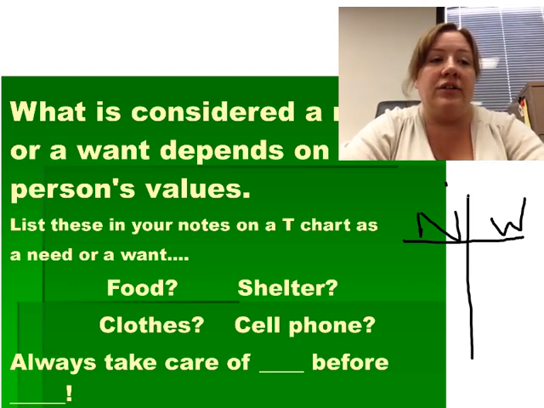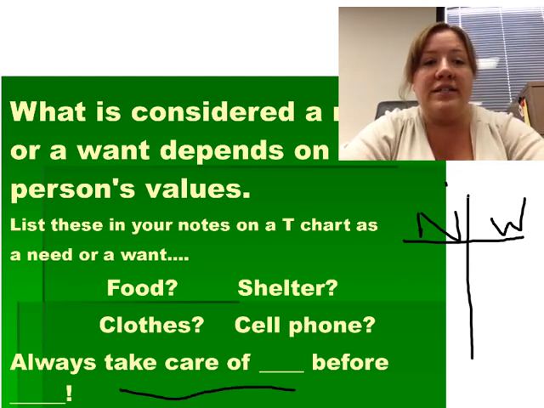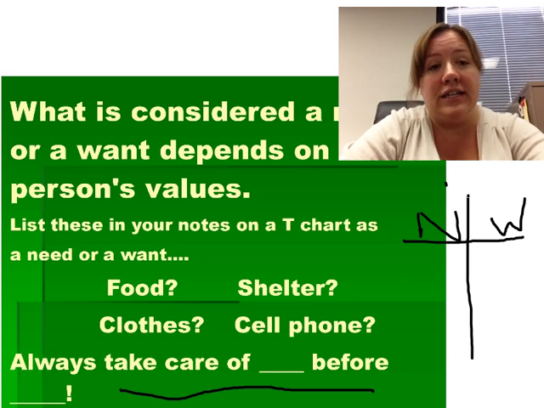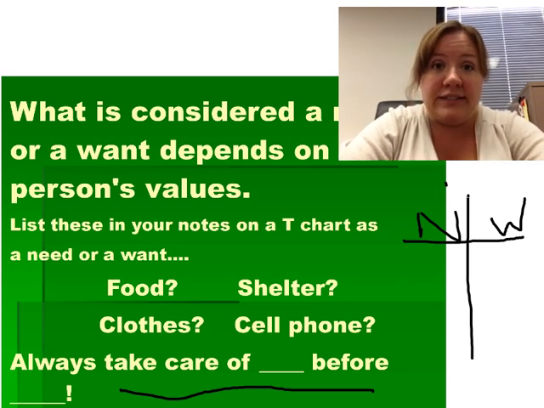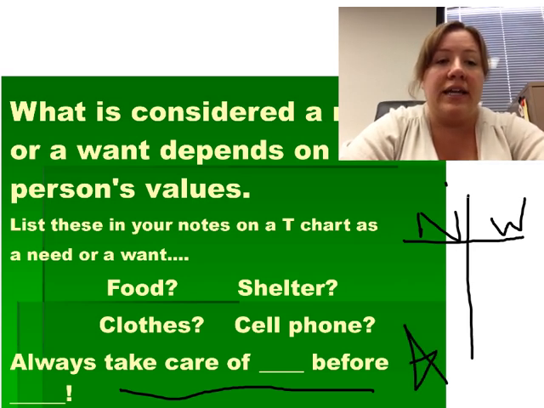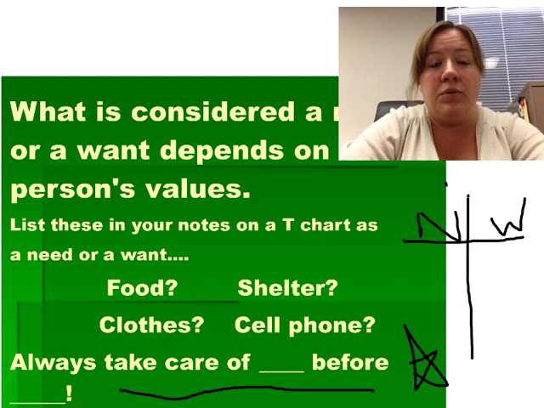So I would tell you to make sure that you always take care of the needs before the wants. And again, what is a need and a want depends on your set of values. We would generally say that a need is something basic for survival, versus a want is something that enhances the quality of life, but you don't need it to survive. So make sure that you always take care of your needs before your wants.